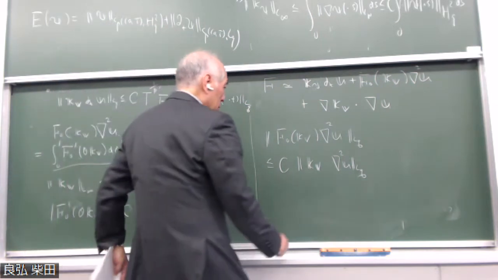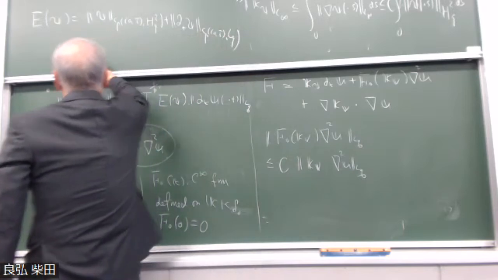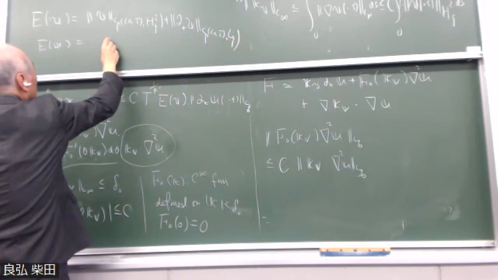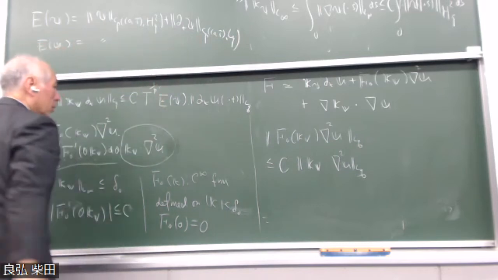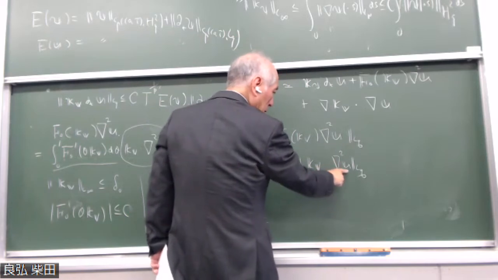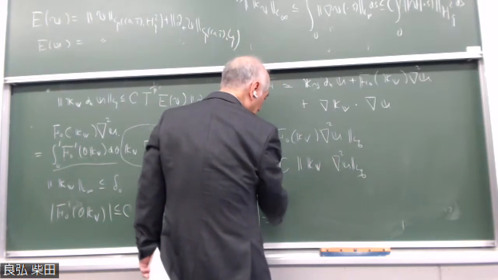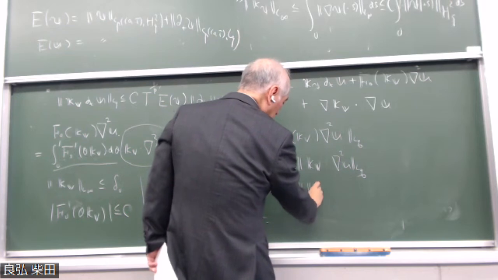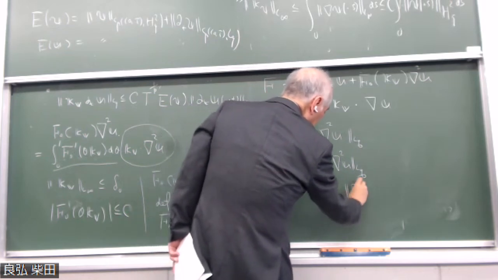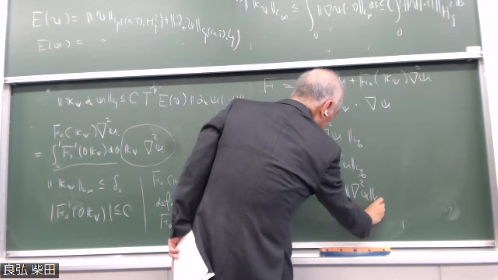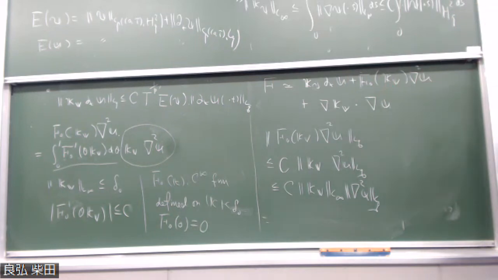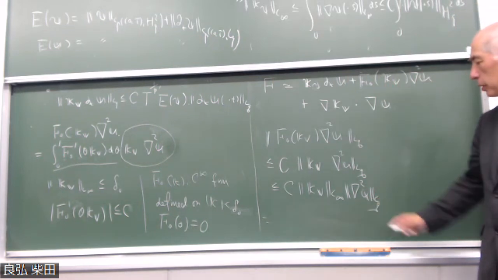So here U is also, maximally you can use the LQ norm of this one. Therefore, you write B L infinity, the second derivative of U LQ. It's the same as the DTU case.